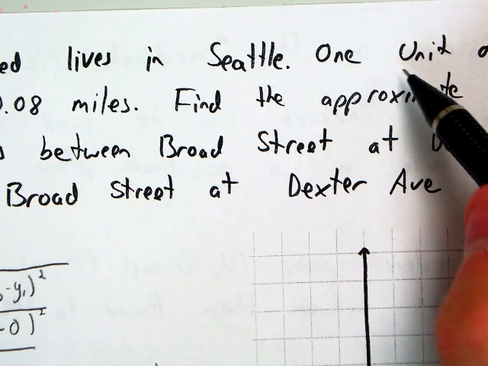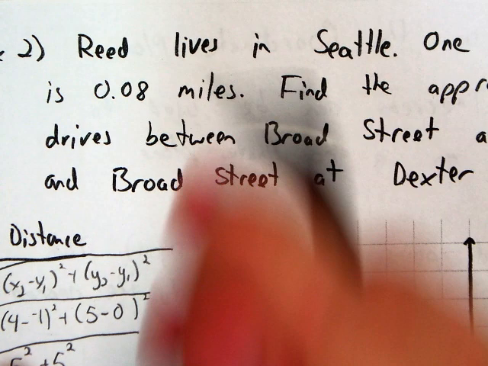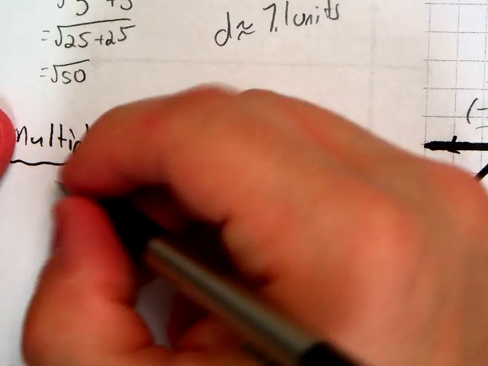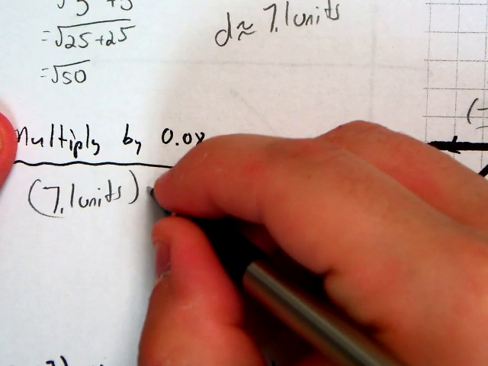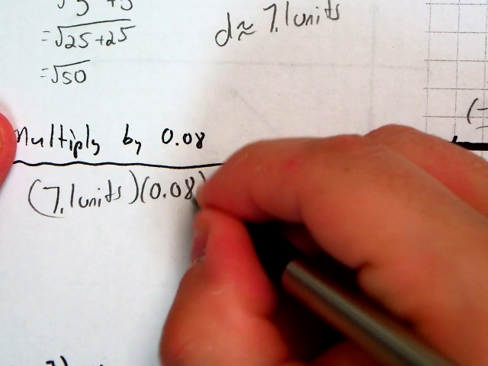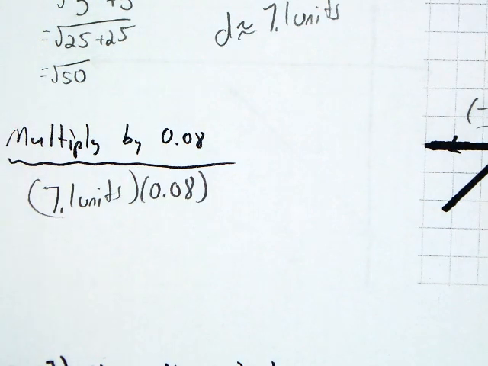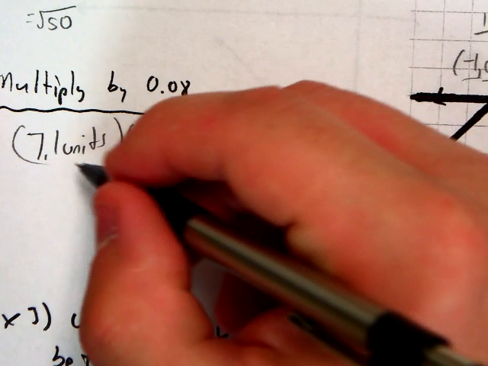Now in the problem it says 1 unit on this map is 0.08 miles. So now what we're going to do is take this 7.1 units and multiply it by 0.08, because it's 0.08 miles per unit, and we're looking at 7.1 units.